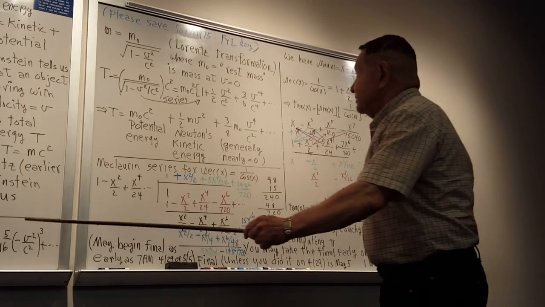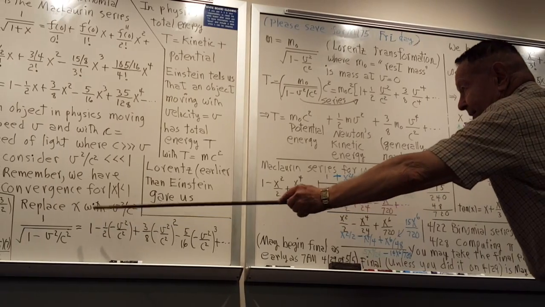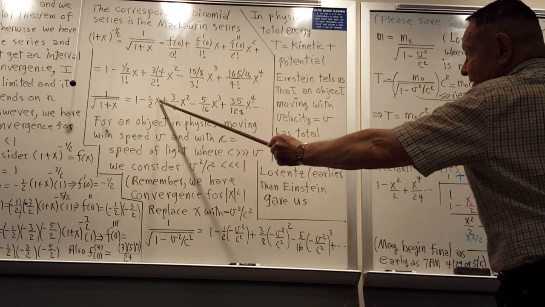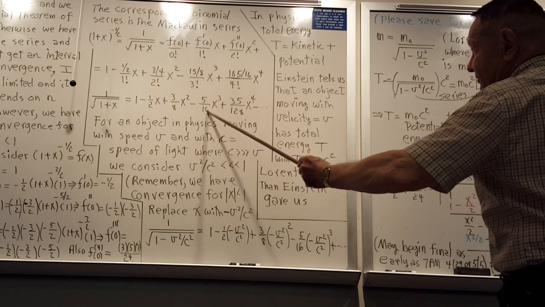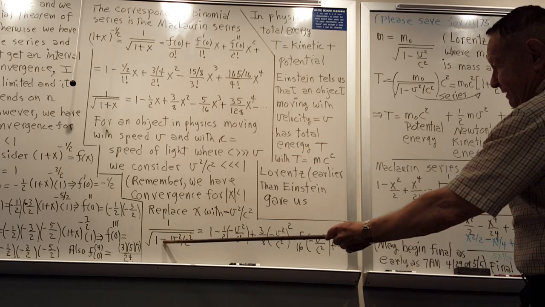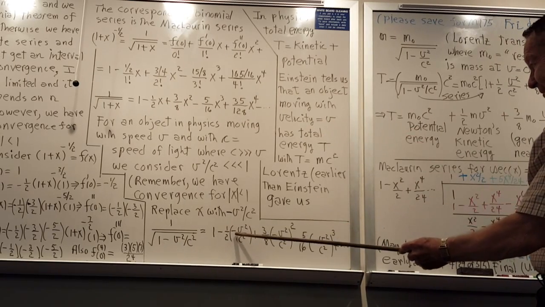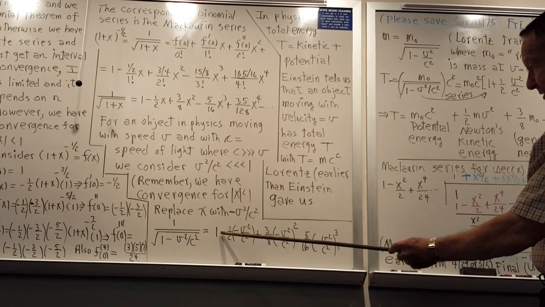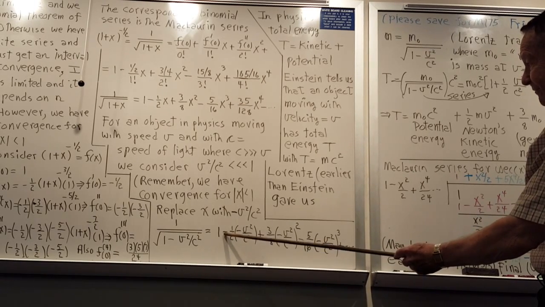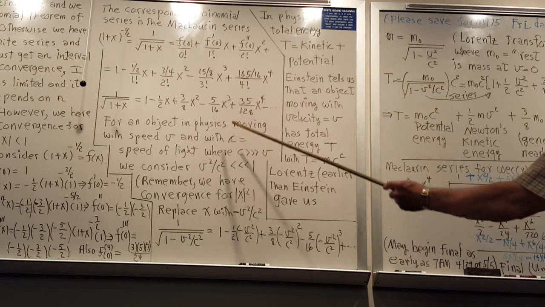And you notice that while the original series that you get using the letter x is an alternating series, if your x happens to be minus v squared over c squared, as you put that in, the term here where you have the minus sign, you have minus times minus, which is plus.